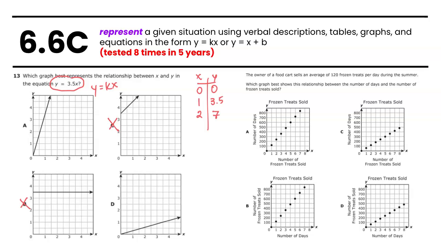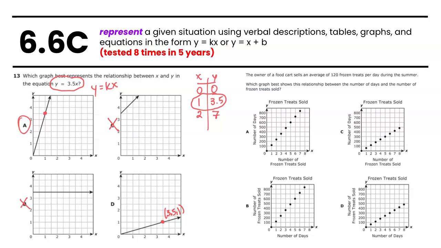Let's see if we can identify the correct graph based on those 3 points. You'll notice that letter D passes through the point (3.5, 1). Well, that is backwards from what we needed. We needed (1, 3.5), and letter A is the graph that actually passes through that point, and so A would be the answer that we're looking for on that first problem.